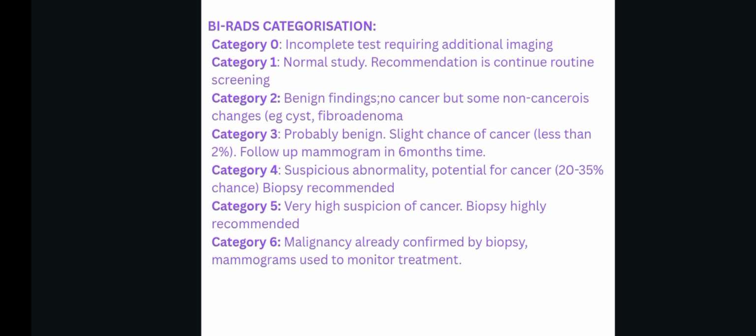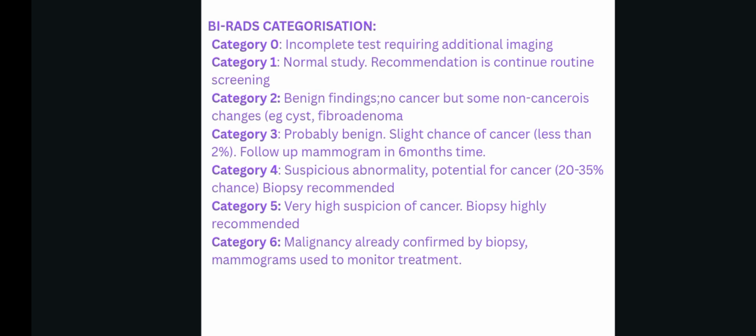BIRAD category 4, this category is the suspicious category. It shows that the findings are suspicious of cancer or cancerous tissue. The potential for cancer in such a patient is 20 to 35%.